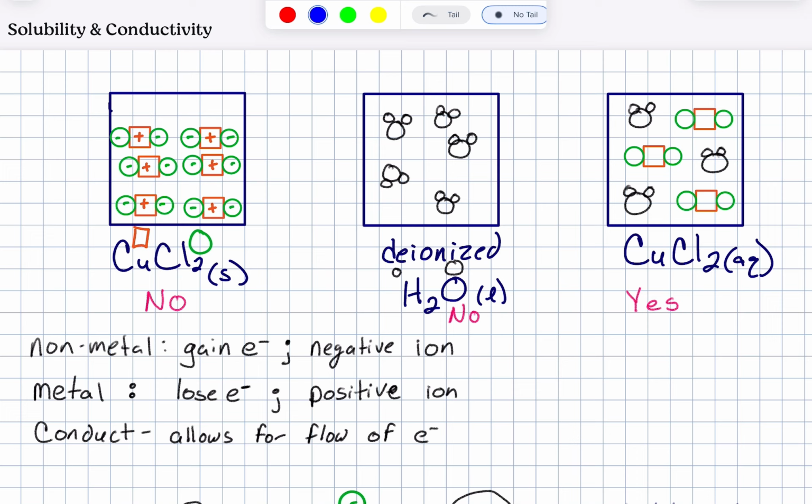In the case of pure water, deionized water, it also did not light up. But for some reason, when I put the copper chloride in the water, it did conduct electricity. And so that tells me that it can't just be the 2 compounds mixed together, because one compound didn't light, the other compound didn't light, so just putting the 2 compounds together would not cause it to light.